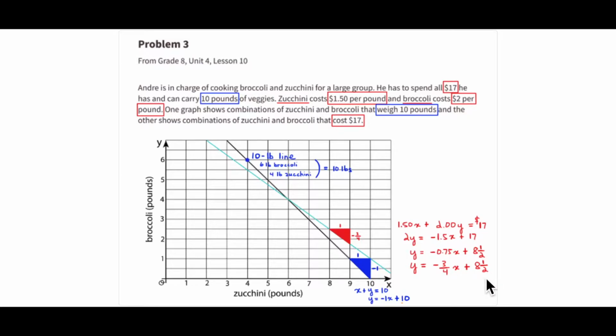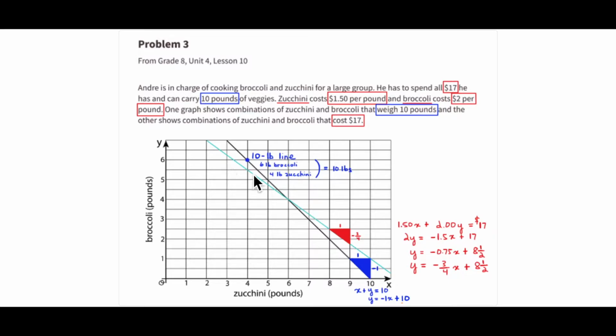And so if you have all broccoli, so if you don't have any zucchini, so if this is 0, you're going to have 8.5 pounds of broccoli, which costs $17. So this starts way up here at the y-intercept, the y-axis, at 8.5 pounds of broccoli, which costs $17.